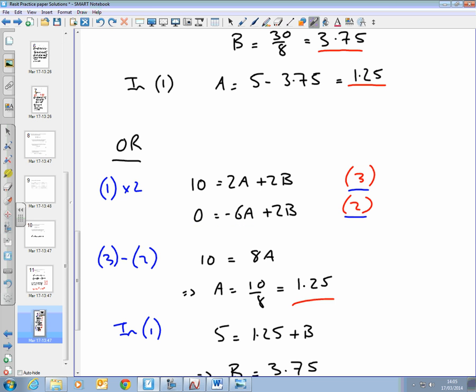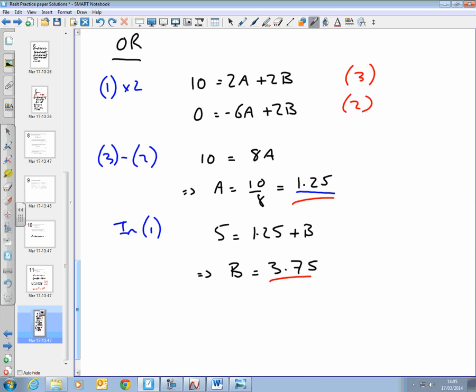I've done it that way round because I've got 2A minus minus gives me plus 6A. It would work the other way, but a bit more awkward. So I end up with 10 equals 8A, A equals 1.25, and substituting back into 1, I get B equals that. Same answer. So there's your solution to question number 5.